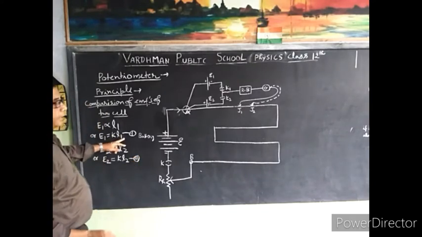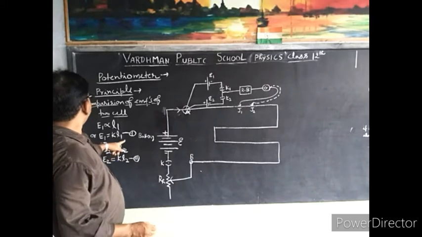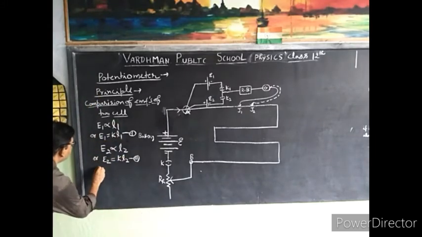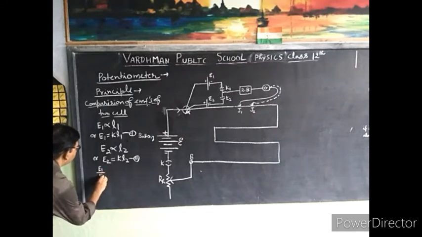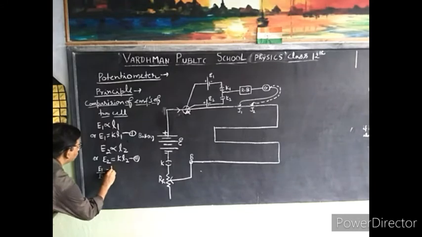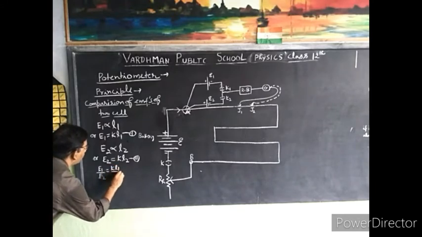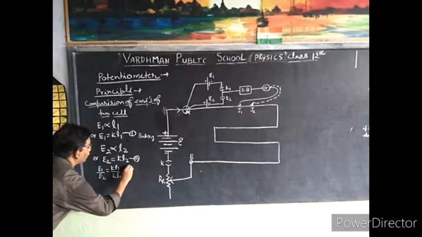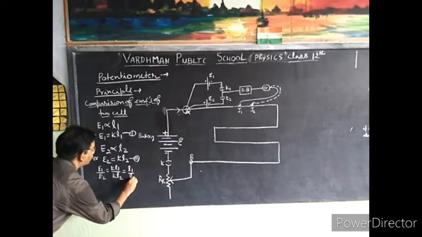Now divide first by second. Thus E1 upon E2 is equal to KL1 upon KL2, that is L1 upon L2.